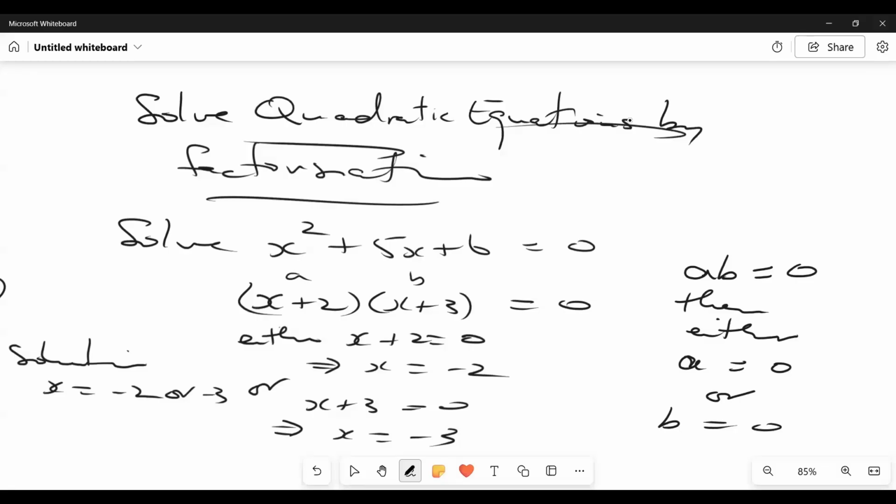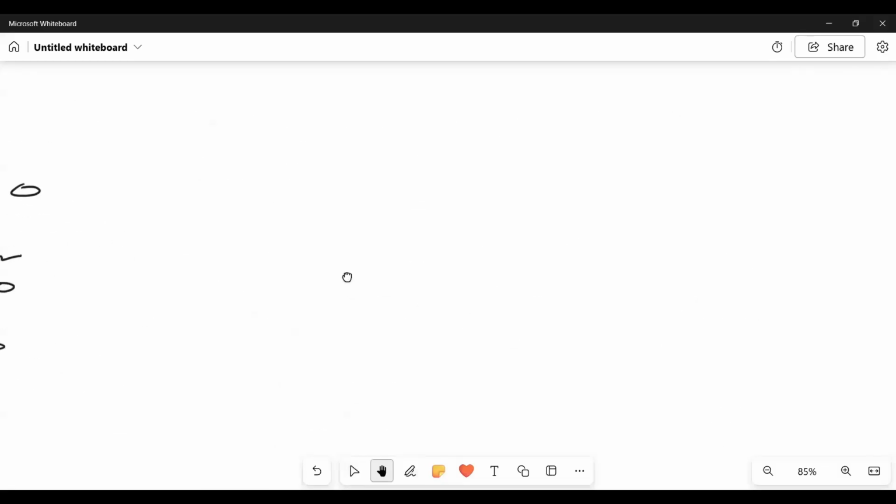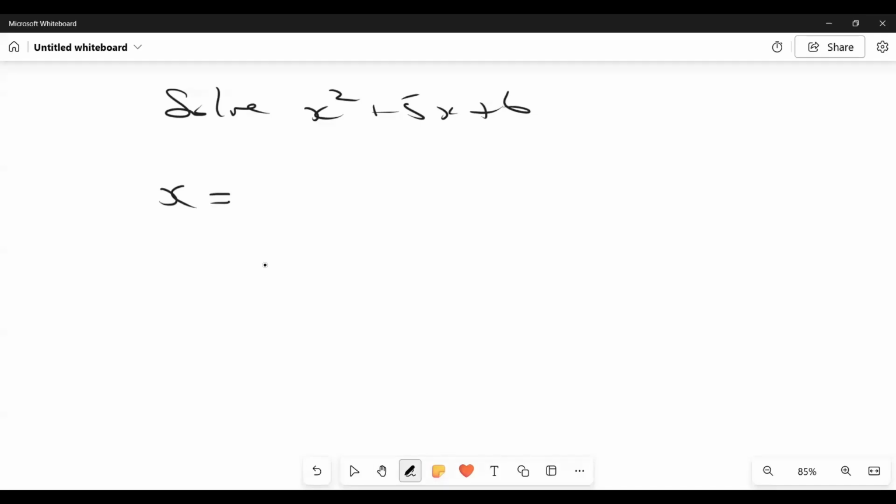Okay, good. However, for quadratic equations that can't be factorized, there are some other methods, such as a formula. Let's take that same equation, x squared plus 5x plus 6. I'm not going to show you how to solve this one.